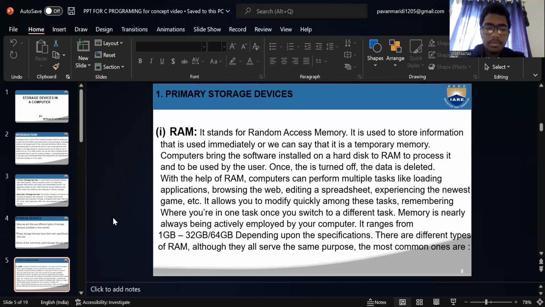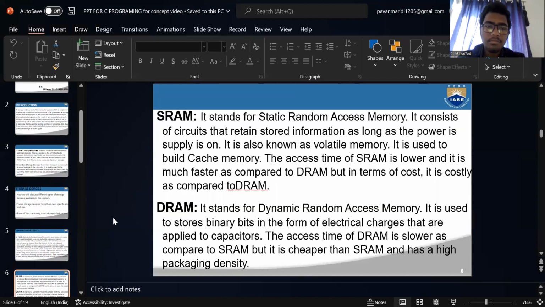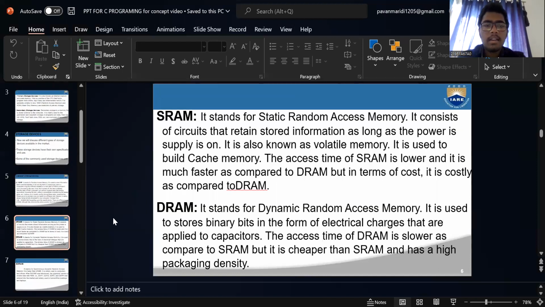There are different types of RAM, although they all serve the same purpose. The most common ones are SRAM. It stands for Static Random Access Memory. It consists of circuits that retain stored information as long as the power is on.